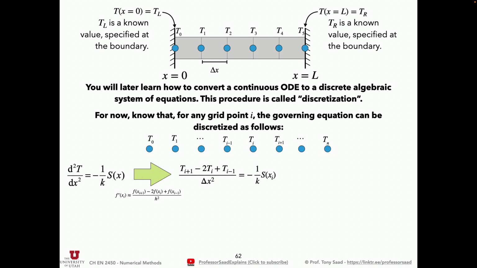I take this second derivative, I approximate it with this approximation, so I convert the derivative to an algebraic relation between these points, the temperature points that I want to solve for. I don't know them. So for every point I have on the rod, I need one equation. Same number of equations as there are unknowns, or as there are points, right? So that's what this accomplishes for you.